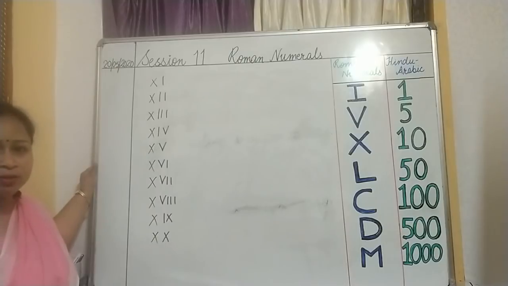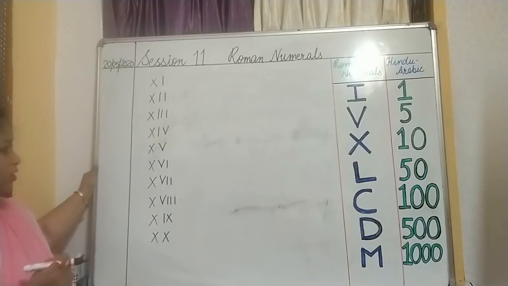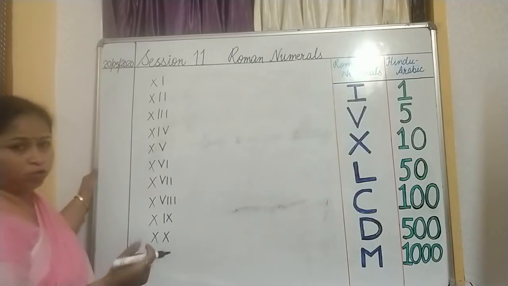Very simple, isn't it? Then, as you know, we can just repeat it 3 times. Some symbols I have told you in the beginning could be repeated 3 times. So if I repeat this X 3 times, what will I get? 30, isn't it? So till 20 you have got. Now if you want to move further, what you have to do?